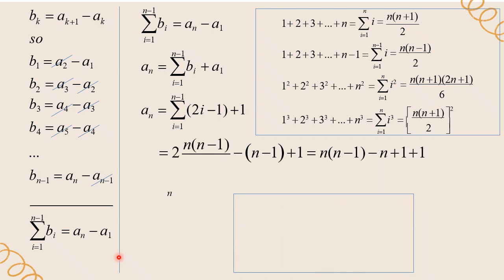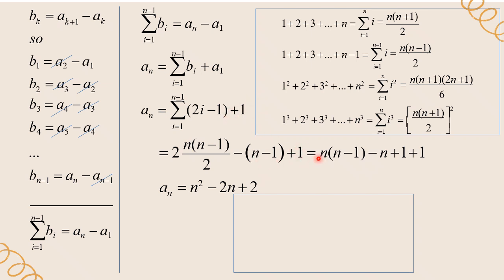And this sum of i will become n multiplied by n minus 1 over 2, and the 1 here minus 1 here becomes n minus 1, because it's the sum of 1 from 1 to n minus 1, so n minus 1 times, and here 1 the same.